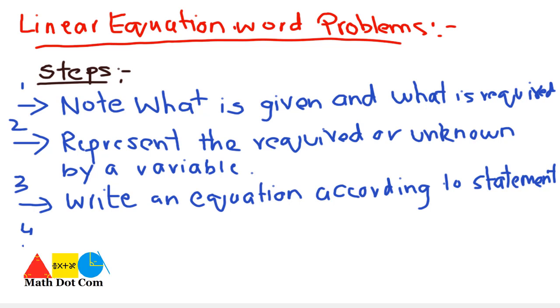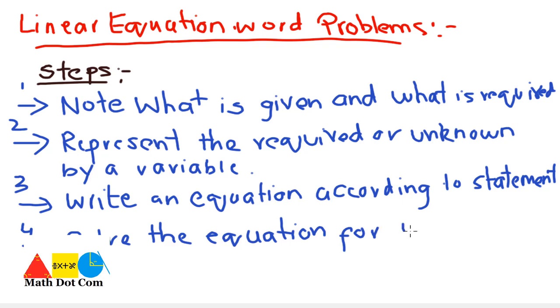Step 4 is solve the equation for the unknown. Unknown means the value that you are going to find out, as we have specified in step 1. Solve the equation for the unknown, that is the value of the variable that you will find, and check the solution, check whether it is right or not.